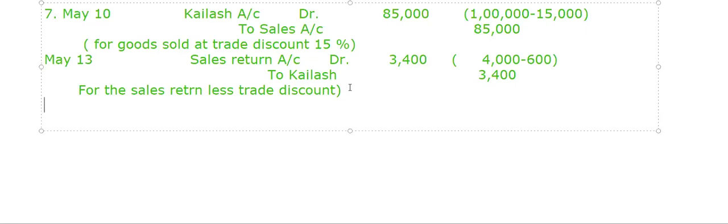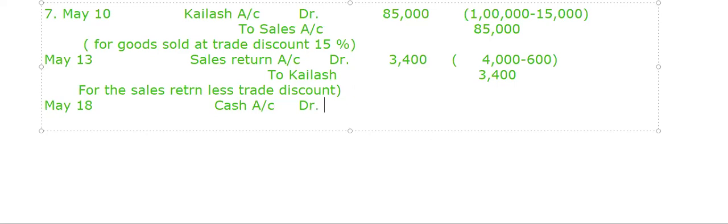Now the next point will be there after this. Cash received from Kailash. Now we are receiving the payment from Kailash. It means Kailash is the giver and cash is coming to the business. So cash account debit.